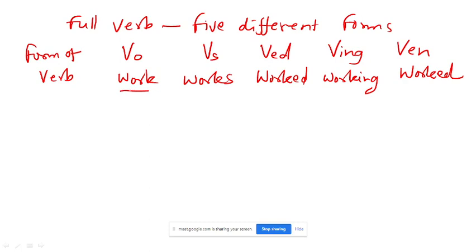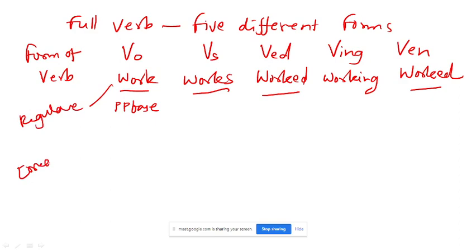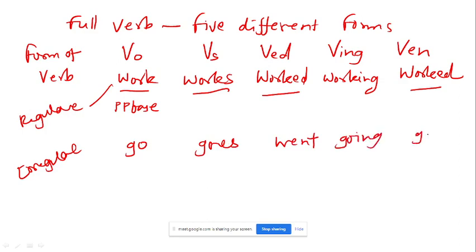We call this the present tense form, base form we call it. We call this the third person singular form. This is the past tense form. This is the ing form, and this is the past participle form. So this work is a regular verb. Even with an irregular verb, for example, go, goes, went, going, and gone.